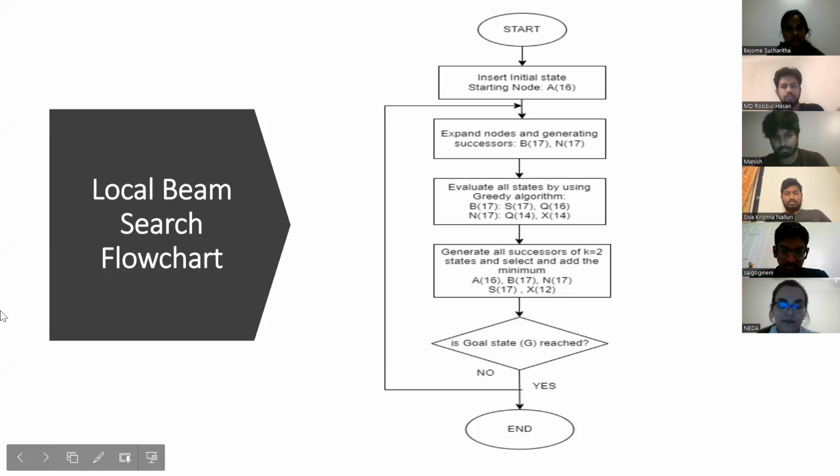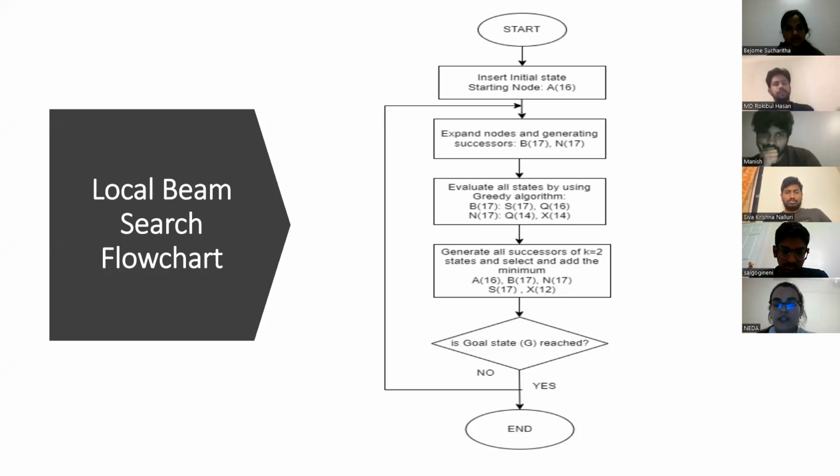As you can see in this flowchart, in this algorithm we need to insert the initial state as a starting node, which in this project was node A, and then expand the nodes and generate successors, and then evaluate all the states by using the greedy algorithm, and then generate all successors of the K=2 states and select and add the minimum of them.